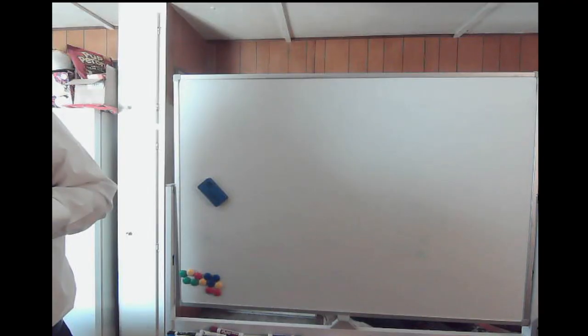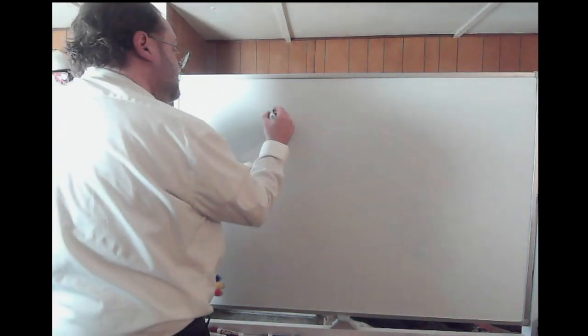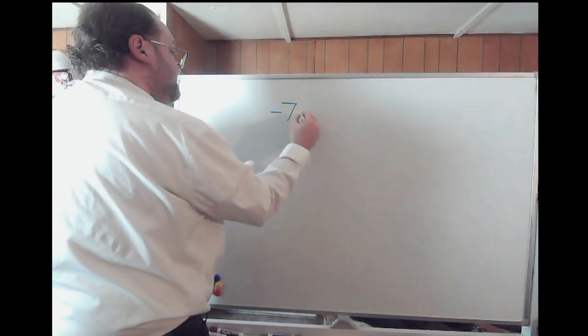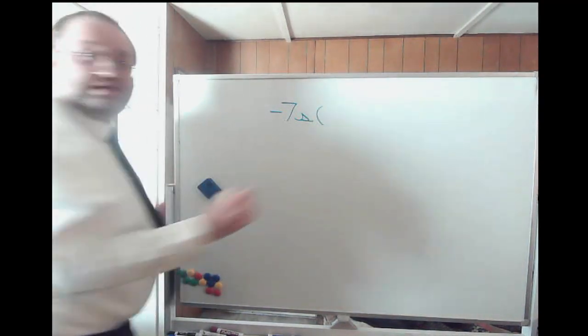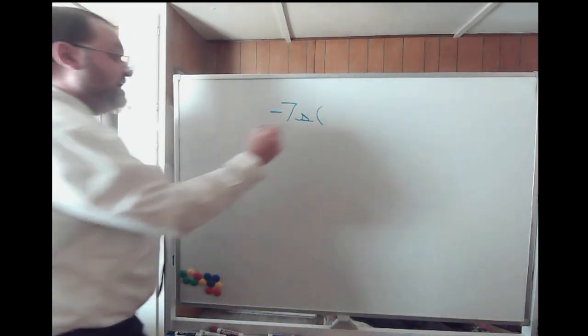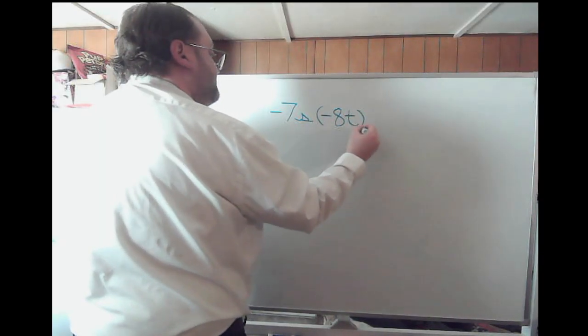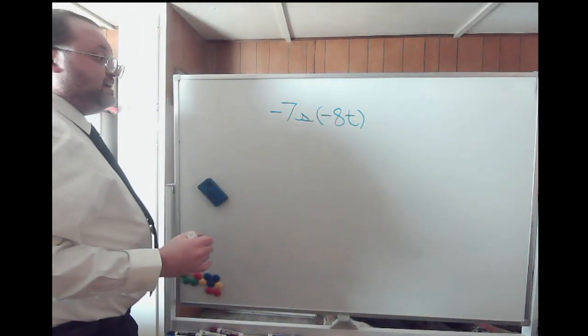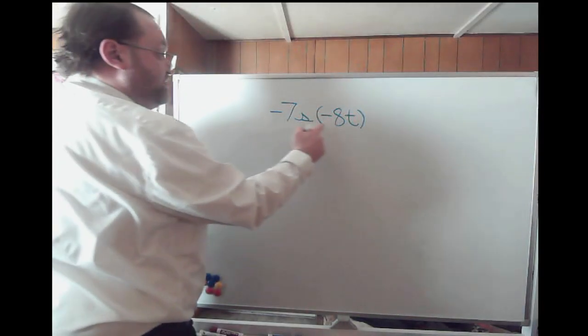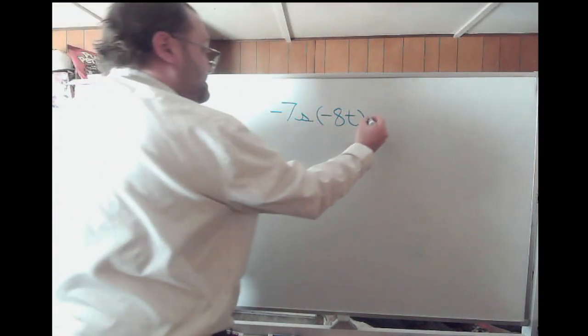Alright. How about negative 7s times negative 8t? Well, you have a negative times a negative, which means it's a positive.